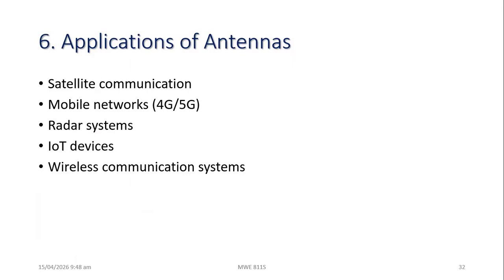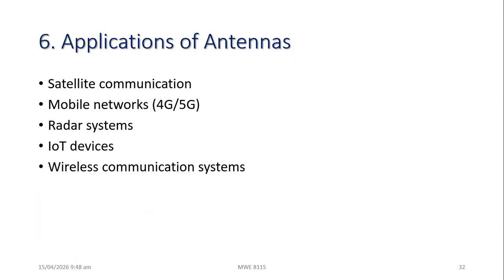Whenever you see a Wi-Fi, just know that there is an antenna there to transmit a signal to your phone, or even your very mobile phone. It's actually transmitting a signal to a Wi-Fi using an antenna. Your own laptop is transmitting a signal from your laptop to either the Wi-Fi device or to another mobile phone. So there is a lot of use of antennas in almost all wireless communication systems.